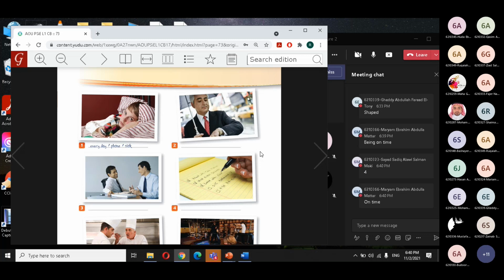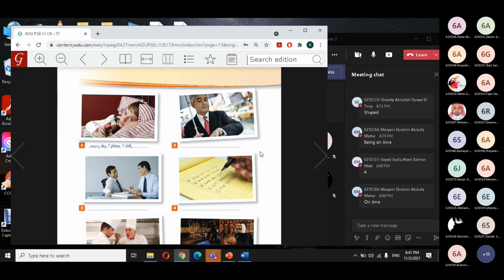This means, as you wrote, be on time. So if someone asks you, give me advice about my first job, the advice you are going to say is: be on time, go to work on time, do your work on time.